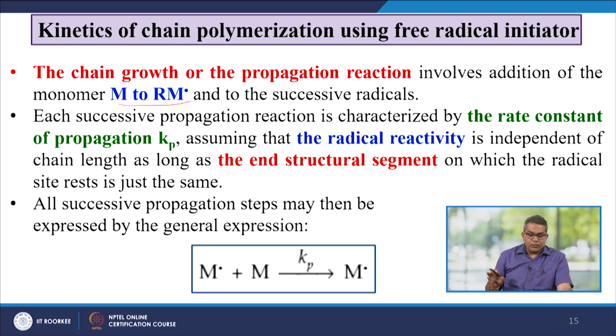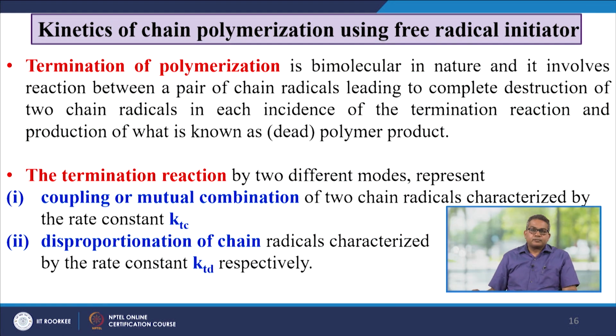Each successive propagation reaction is characterized by the rate constant of propagation, called Kp, assuming that the radical reactivity is independent of the chain length as long as the end structural segment on which the radical site rests is just the same. So, all successive propagation steps may then be expressed by the general expression, M radical plus M, Kp, M radical.